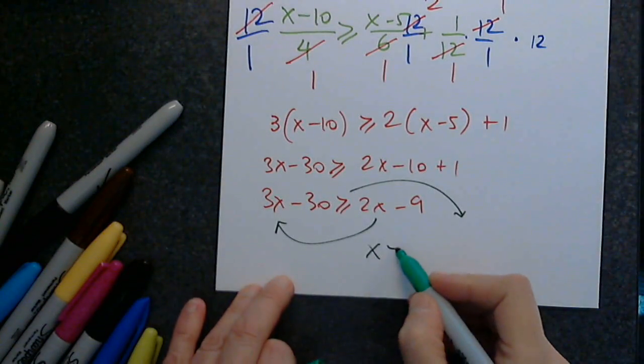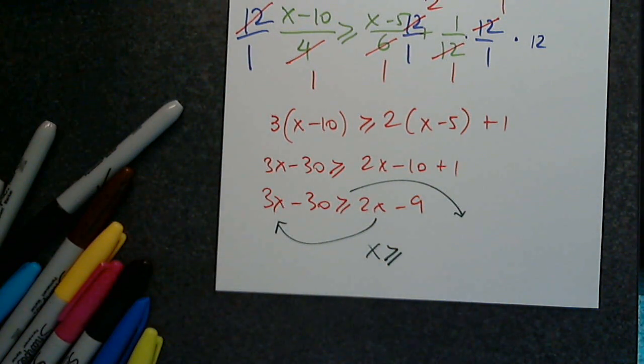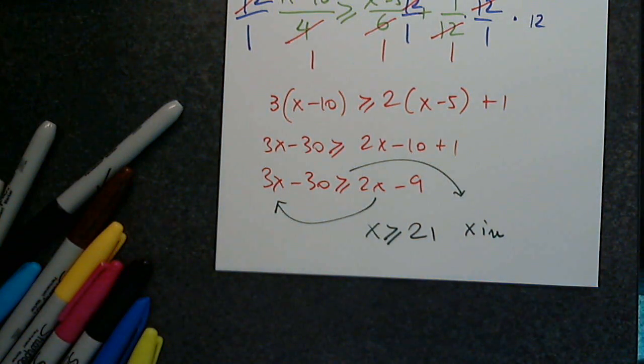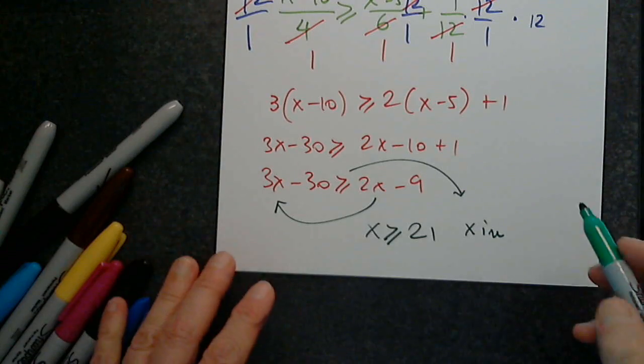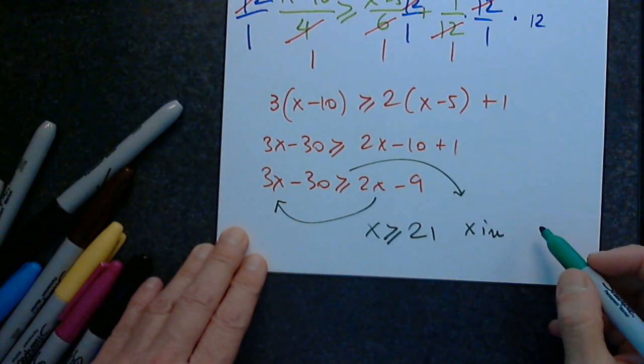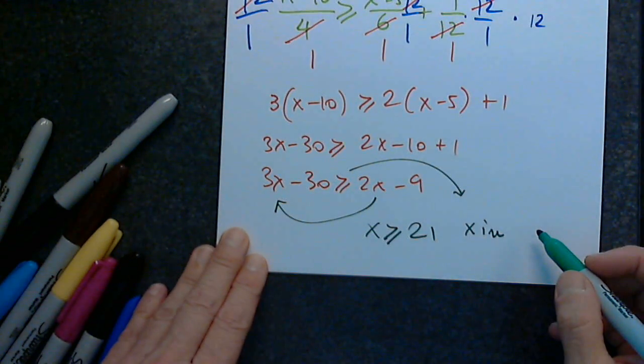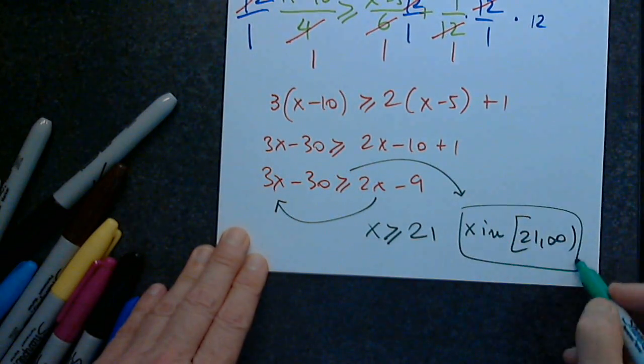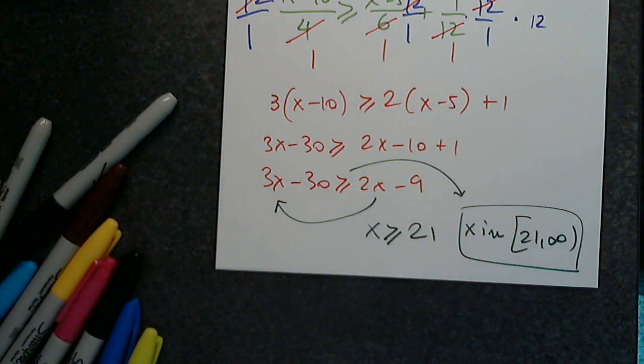Perfect. Greater than or equal to, when I move negative 30 to the other side, it becomes positive 21. In interval notation, I will say x in the interval. Very good. Okay, moving on.